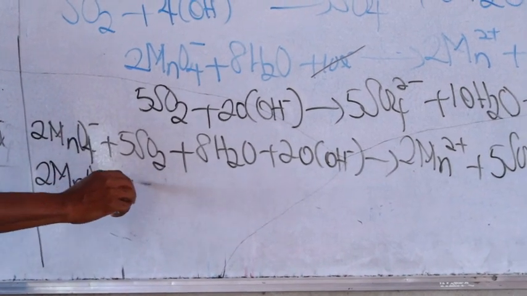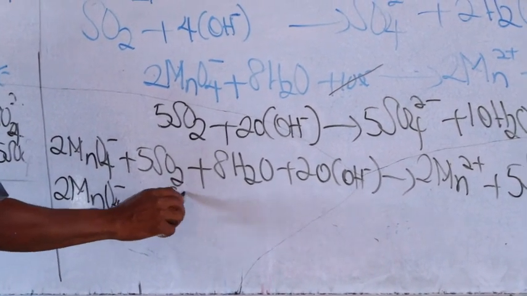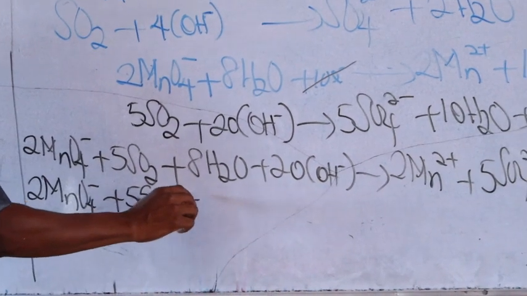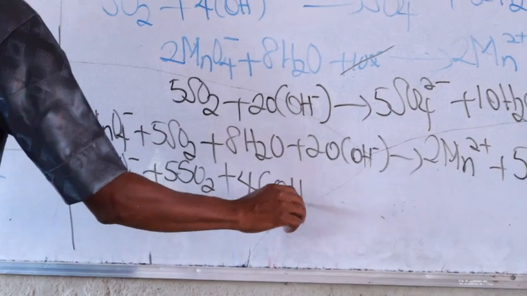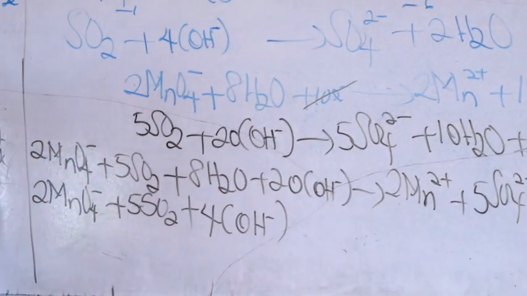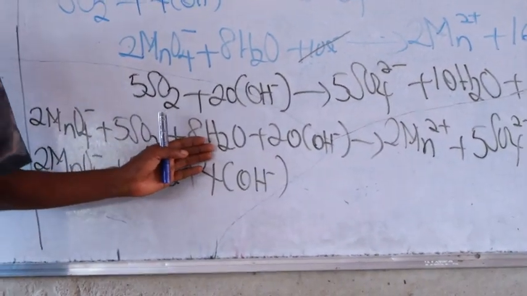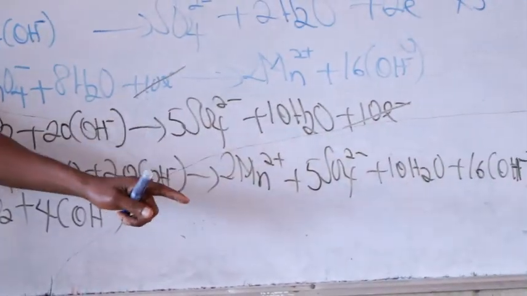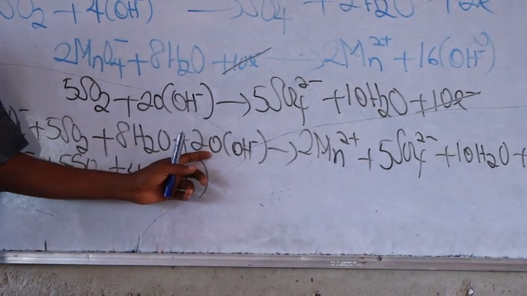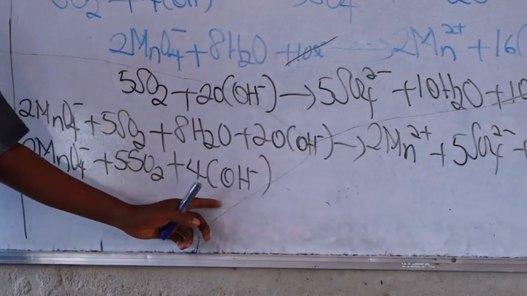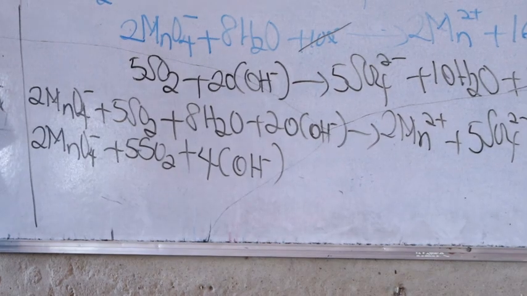Then the final answer will be 2MnO4 minus plus 5SO2 plus, this should be 4 hydroxide ion. I've assumed that the 8 water molecules I've taken to the other side, and I've brought 16 OH to subtract from 20 here. That is why we have 4 OH minus.